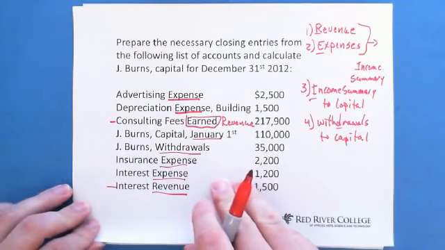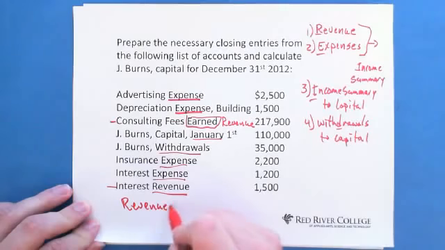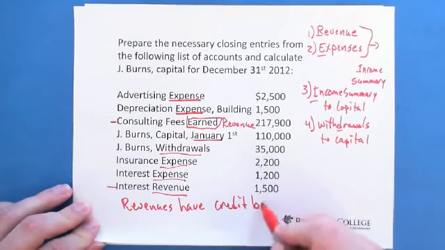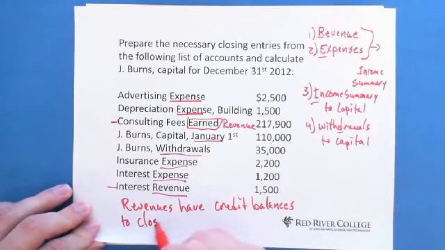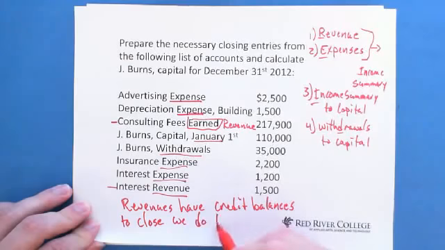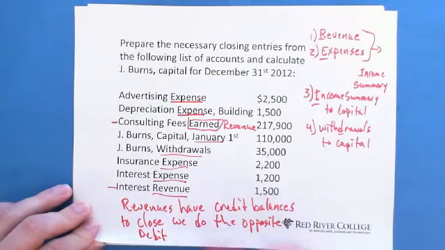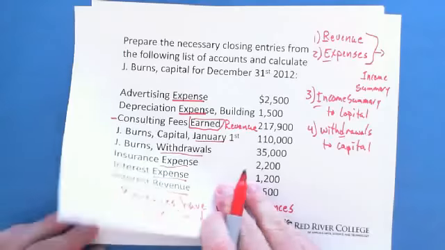So now, the natural balance of a revenue is a credit balance. So to close, we must do the opposite. So then the opposite means we debit. Okay, so that's how we're going to close the revenue accounts.